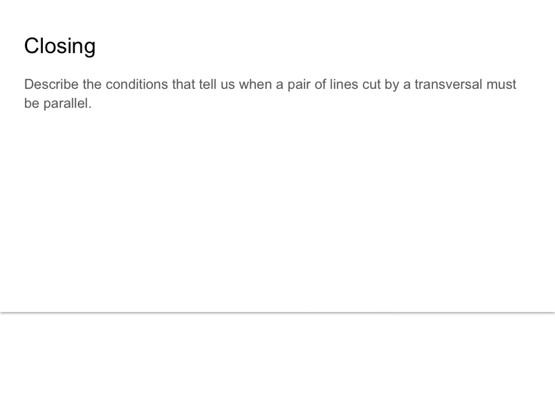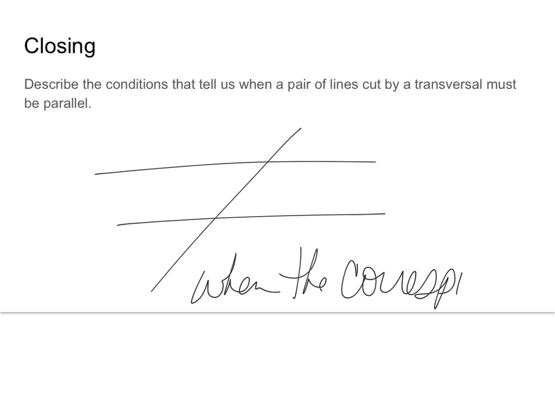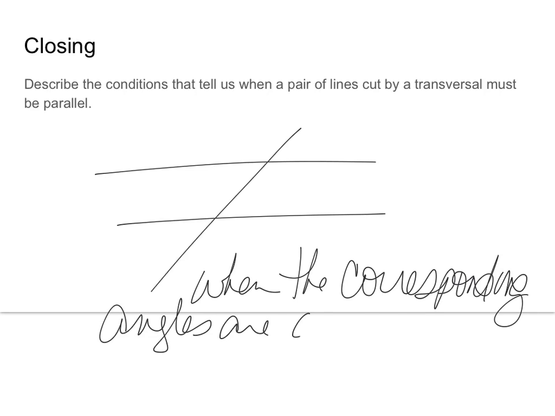Okay, in closing, describe the conditions that tell us when a pair of lines cut by a transversal must be parallel. So a pair of lines cut by a transversal must be parallel when the corresponding angles are congruent.